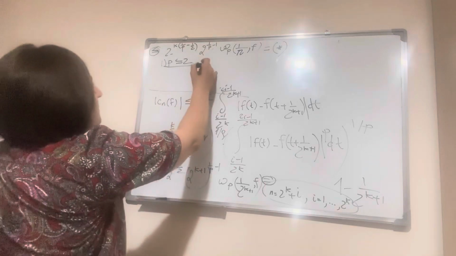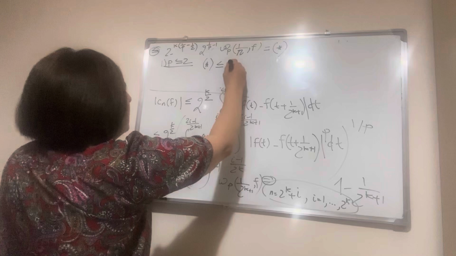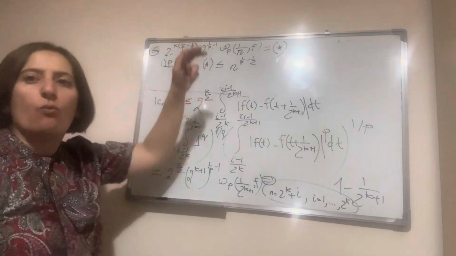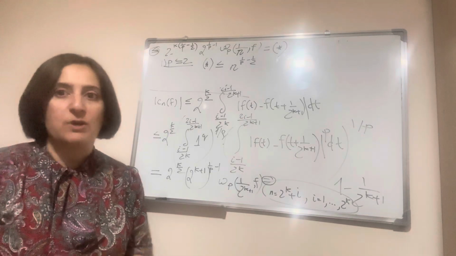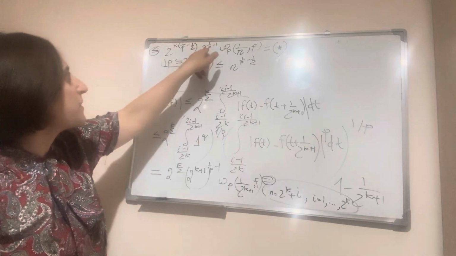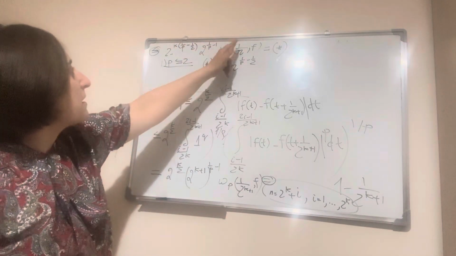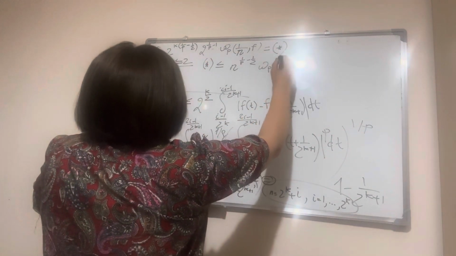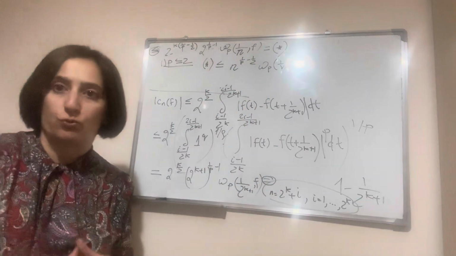So it is justified to have star less than or equal to n raised to 1 over p minus 1 over 2. And we also notice that 1 over p minus 1 is always non-positive, because p is greater than or equal to 1. Therefore, 2 to 1 over p minus 1 is less than or equal to 1. Then we are left with omega p (1 over n, f). If you remember, this was exactly the thing we wanted to prove.